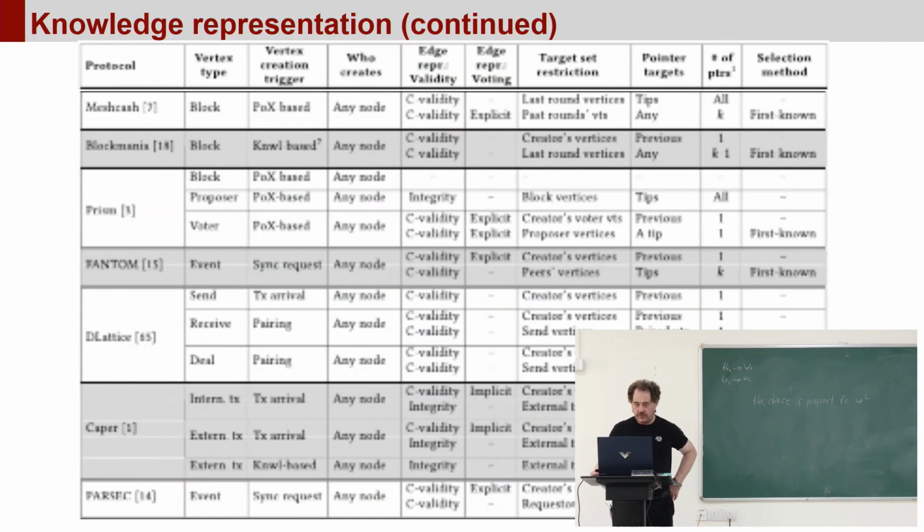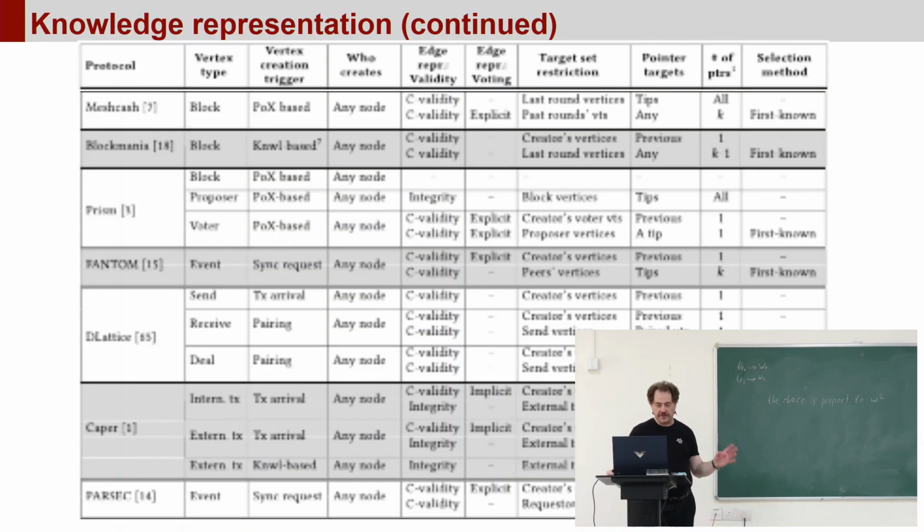So the table analyzes an order of 30 different systems and classifies them from this point of view in terms of what edges represent and what vertices represent and how vertices are formed.